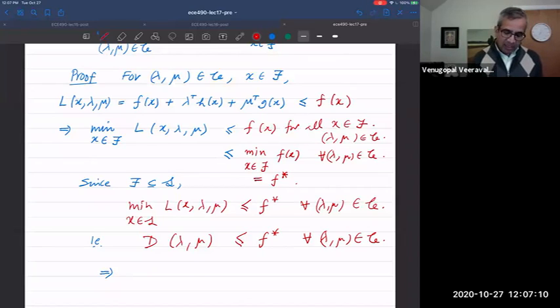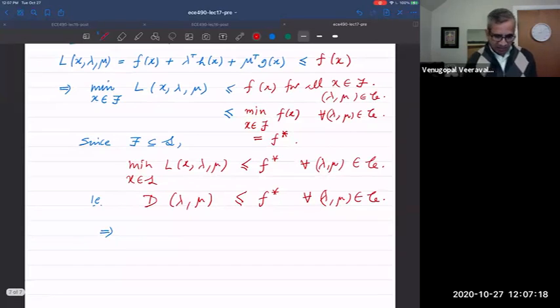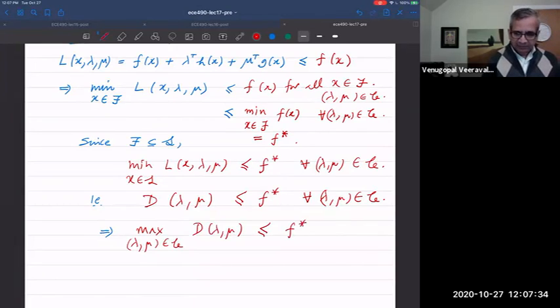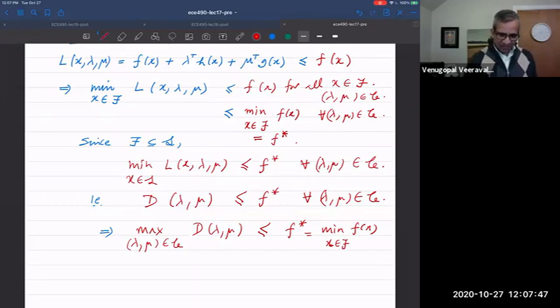So d(lambda, mu) is less than or equal to f star for all lambda, mu belonging to C, which means that I can take the maximum over lambda, mu belonging to C of d(lambda, mu), and it'll still be less than f star, which is equal to the minimum of f(x), x belonging to F. So that's what we've shown.